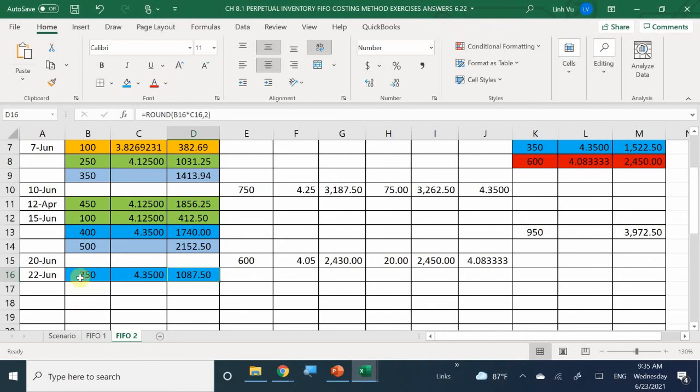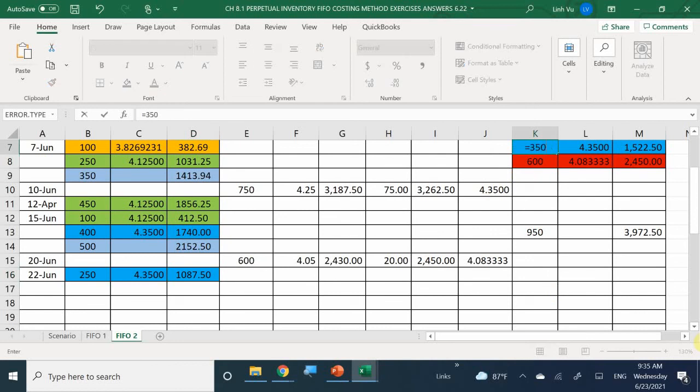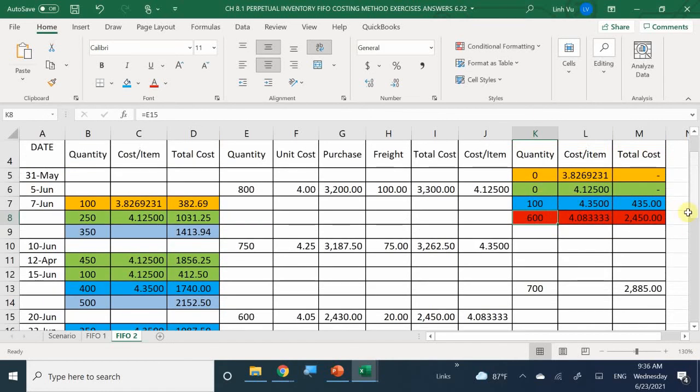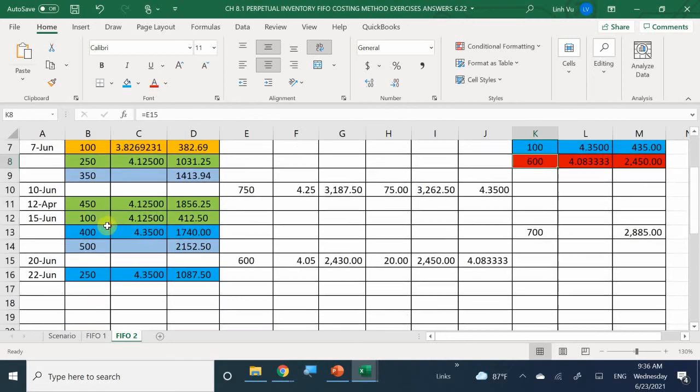So here I'm getting rid of 250 items. If I started out with 350 and I subtracted the 250, therefore I should have a remaining balance of 100 units at $4.35, because I got rid of those 250. Perfect. Our numbers match.